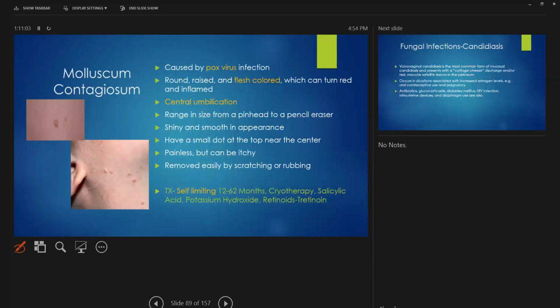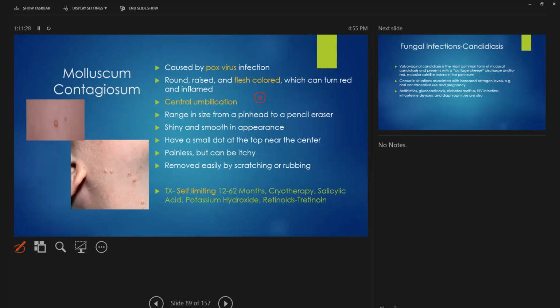Molluscum contagiosum. So molluscum contagiosum is this flesh-colored papular rash that is generally dispersed over the trunk. The characteristic of molluscum is these flesh-colored lesions that have central umbilication, like an umbilicus.